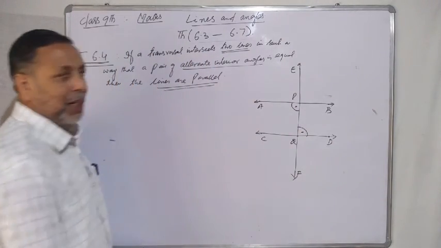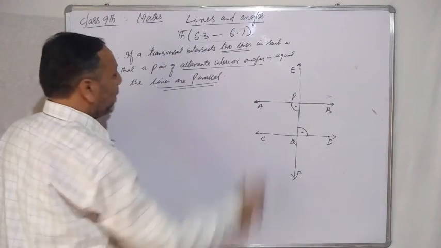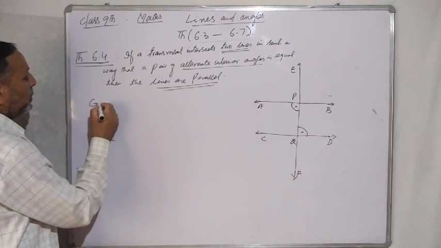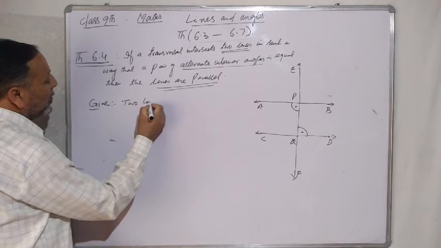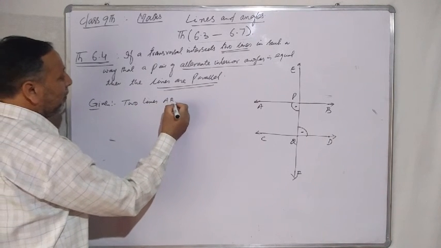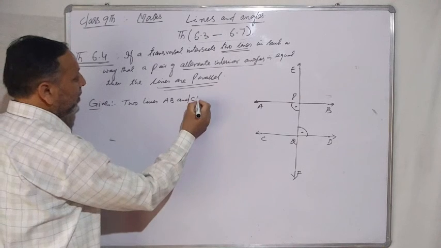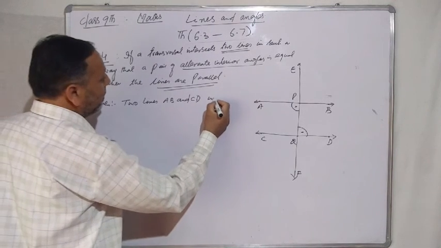A pair of alternate interior angles equal. Prove that the lines are parallel. So given two lines AB and CD intersected by a transversal.